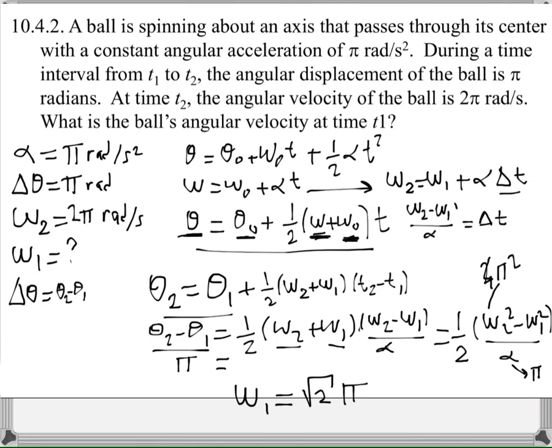Okay. Anything which is not clear? So it is not always given the initial time as 0, but you may be given different times, and in that case, this is how you reformat your equations.